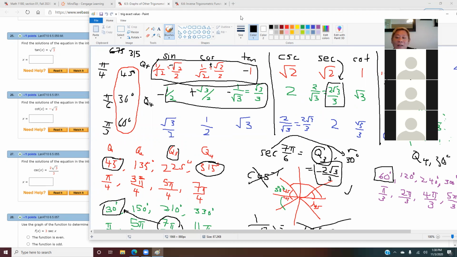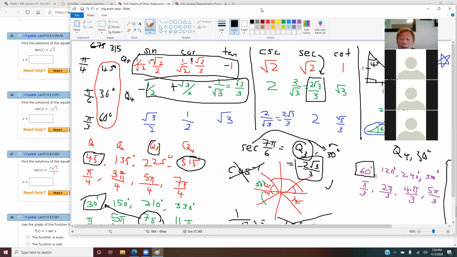What value of cosecant gives us 2 root 3 over 3? Cosecant, not secant. Pi over 6? No, pi over 6 is not it. It must be cosecant. Pi over 3. It's still pi over 3, yep, because it's this one.